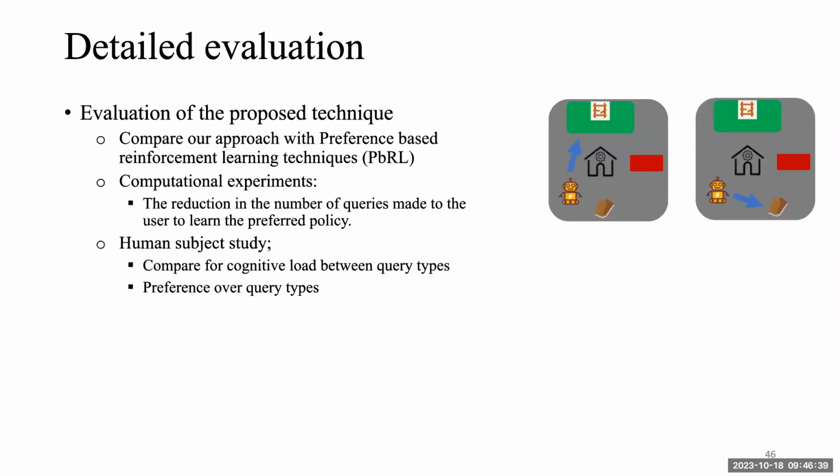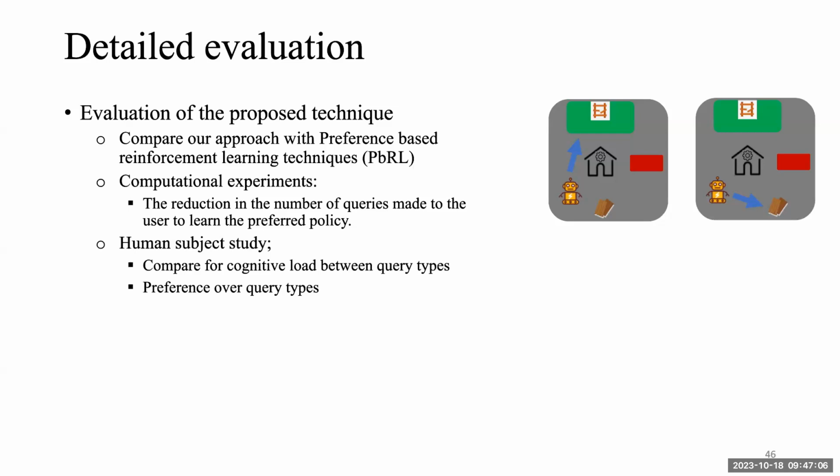The second is more about the evaluation of this against the approaches that are more common in literature, which are the preference-based reinforcement learning approaches, abbreviated as PBRL, or now called reinforcement learning through human feedback, where the user is basically shown two trajectories, and the user is asked to rank, hey, which one adheres to your preference more, which one do you like better?